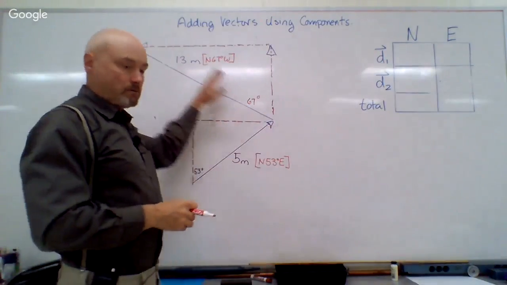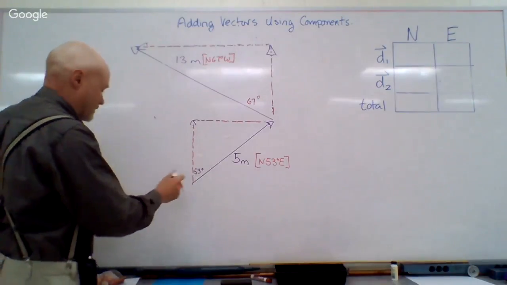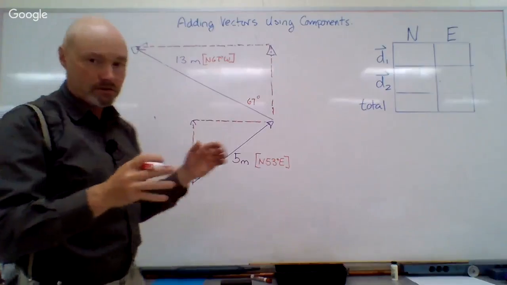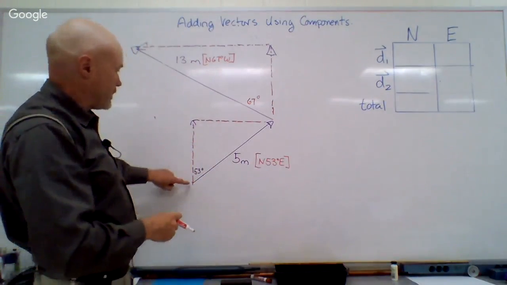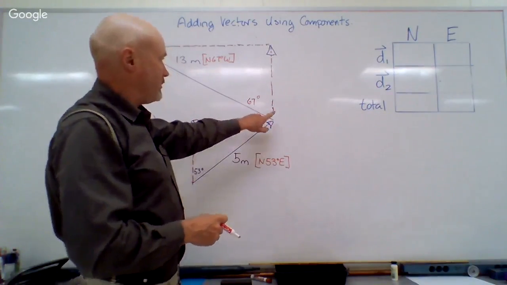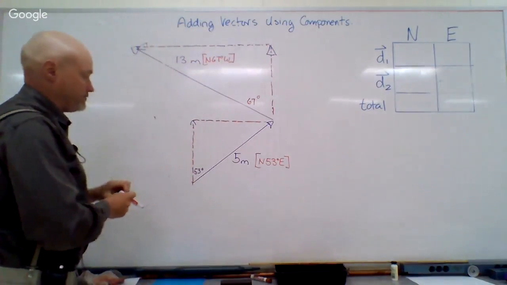We could draw them out, try and get all the scale right, draw the resulting vector, which is going to start here and end here, and try and use a protractor to measure that. Instead, we're going to measure the equivalent northerly trip combined with the easterly trip, and then once again, the northerly trip combined with the westerly trip.